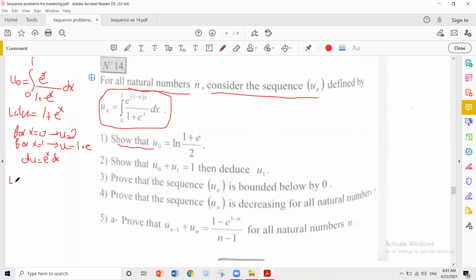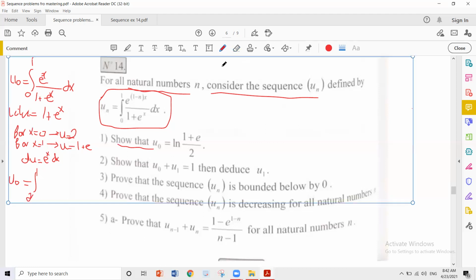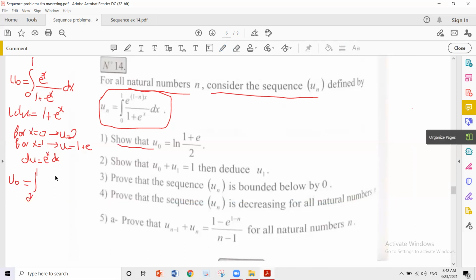So u0 equals the integral, 0 is changed into 2, 1 is changed into 1 plus e, of e to the x dx, which is du, over u.